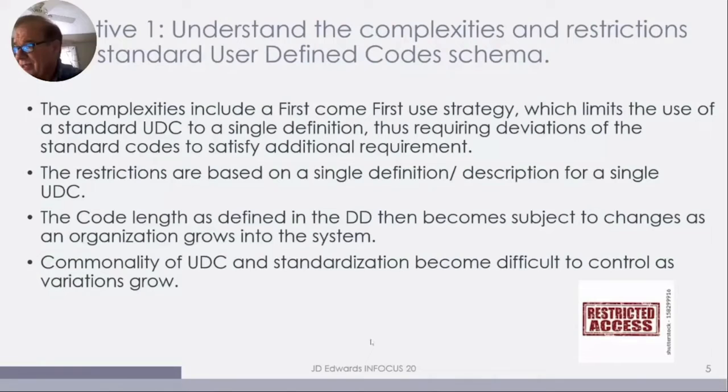For example, a unit of measure code for container or carton might be CN, but that's already used, so now they make it CN1 or CN2, and so forth. Commonality of user-defined codes and standardization become difficult to control as the variations grow.